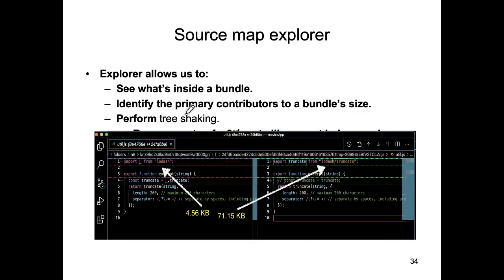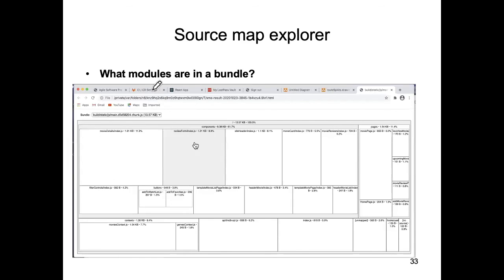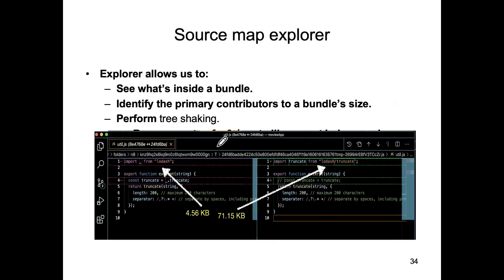So when you're doing React development, you would tend to use this source map explorer to look at that particular bundle and see, are there parts of the bundle that you can further reduce in size? And the way you would do that is by checking to see whether the associated third-party module supports tree shaking. And if it does, then you would change your import statements in the way that I've done here. I wouldn't necessarily be too concerned about that for you guys. I'm just making you aware of it.